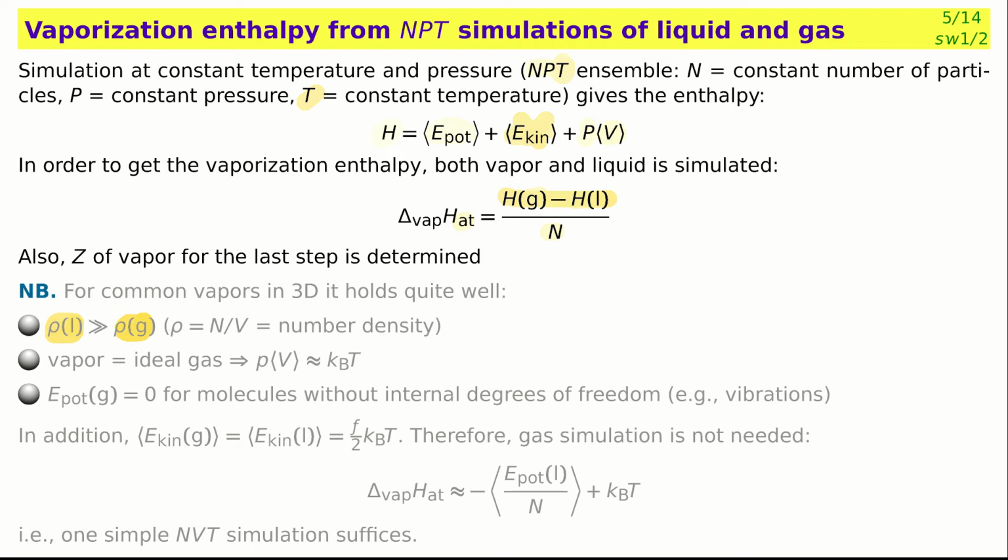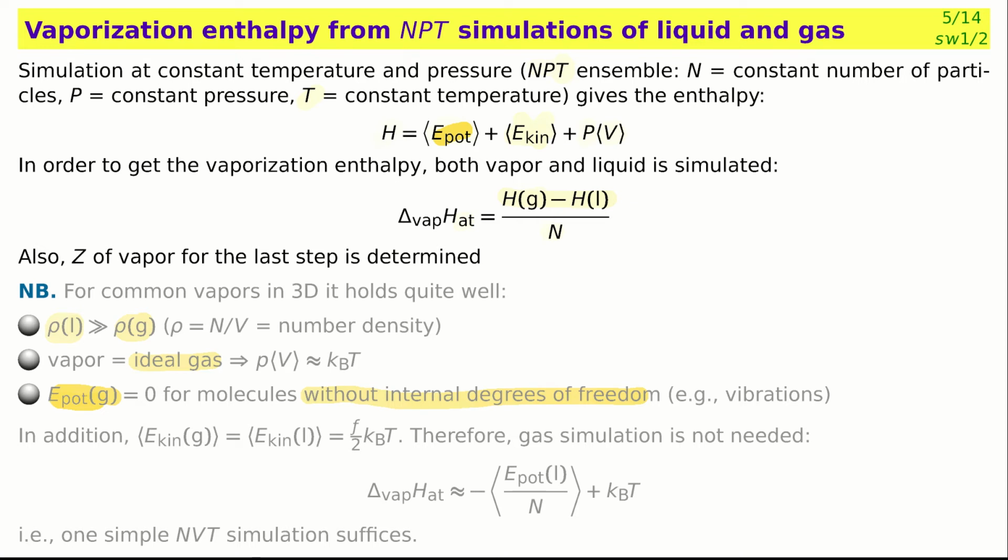It is a difference of 4 magnitudes. Then we usually assume that vapor is ideal gas, and if we have a rigid model of water, it doesn't have any internal degrees of freedom. It means that the potential energy in the gas phase, that is this term, is 0.